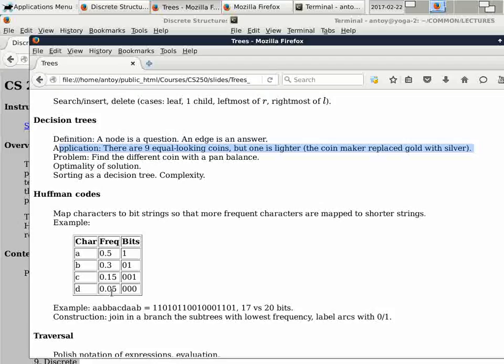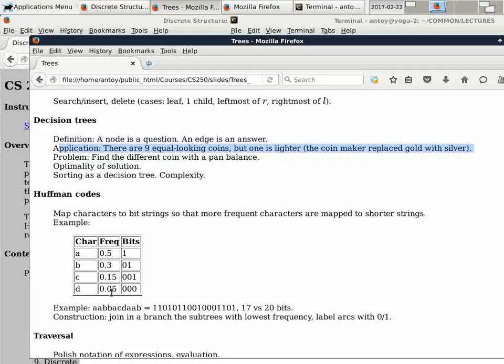So now I pick the two with the lowest probability. The probabilities are 0.5, 0.3, 0.15, and 0.05. What are the two with the lowest probability?